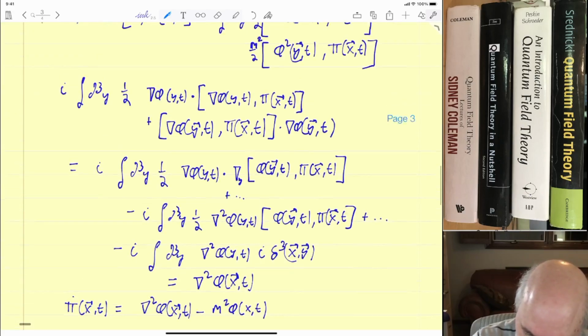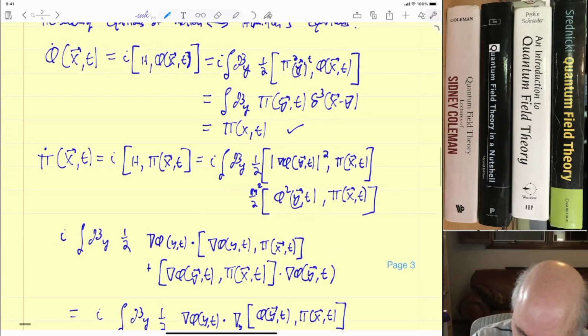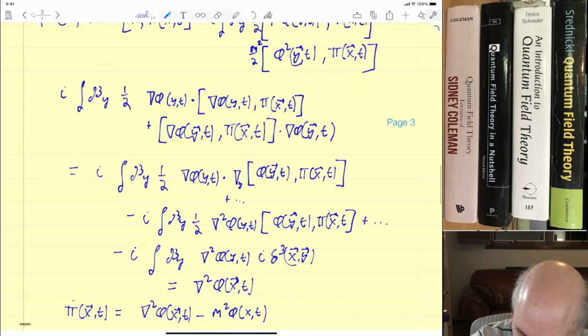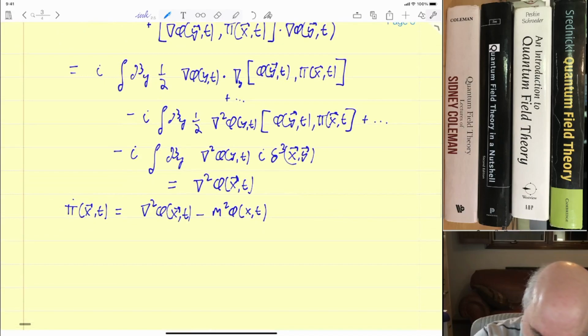And let me just check, it doesn't seem like I got that sign right. Oh, because I'm going to be multiplying. I have an i out in front, and I'm going to get an i in here, so that's right. Okay, and now remember, pi is phi dot, so this is just phi double dot of x comma t is equal to del squared phi x comma t minus m squared phi x comma t.